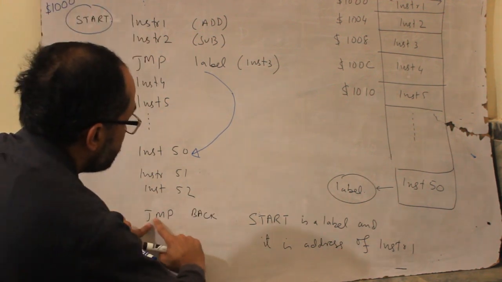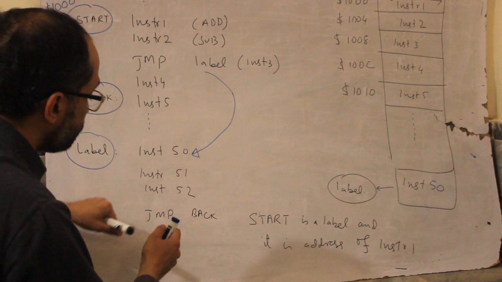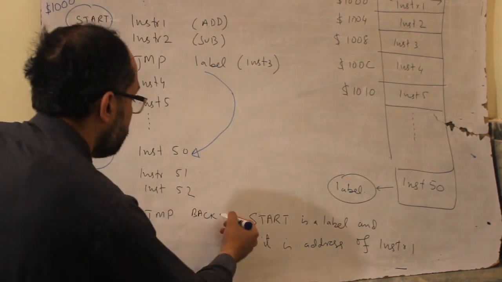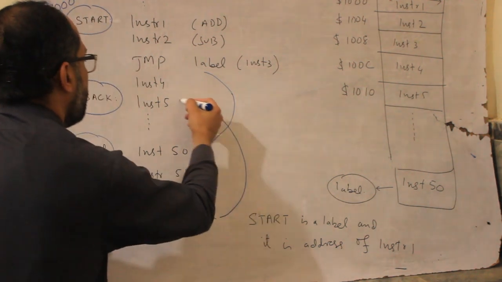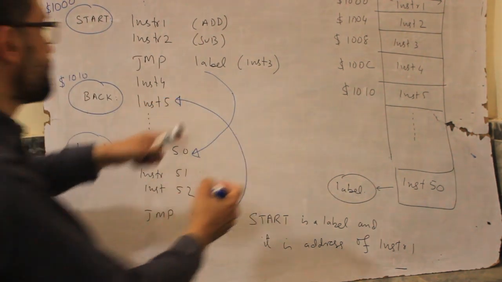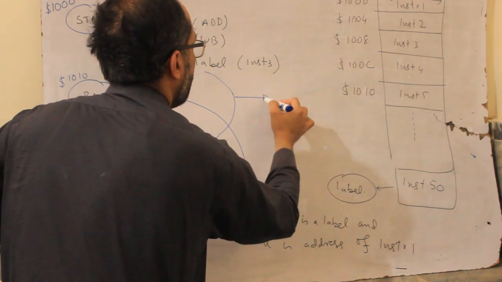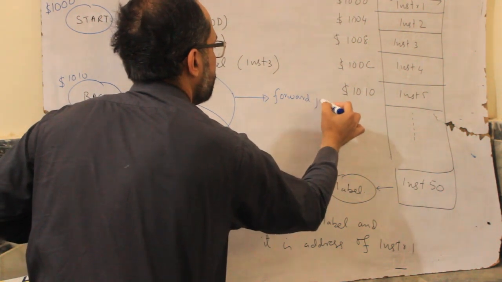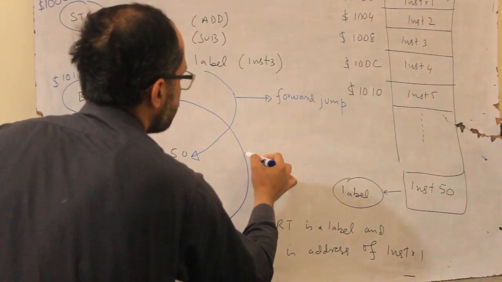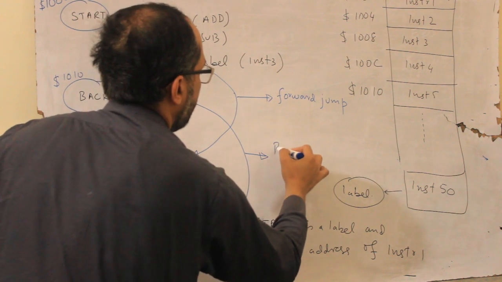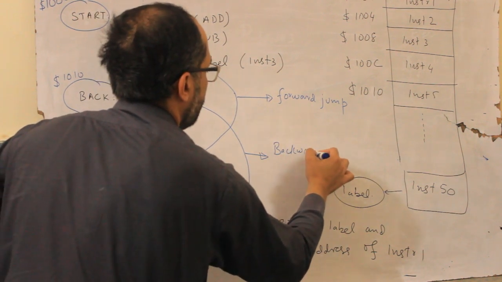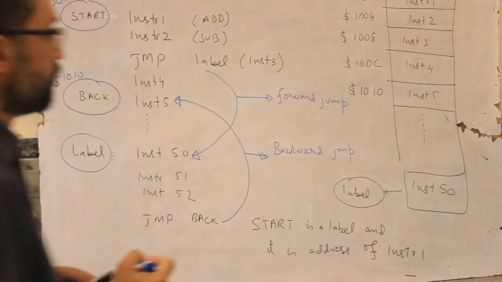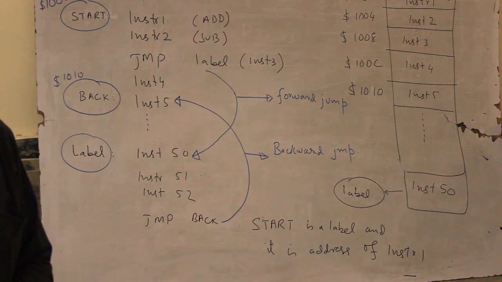Now we have a jump back. In this case, when this instruction executes, the control is transferred back to this instruction. So this is an example of a forward jump, and this is an example of a backward jump, and this jump is unconditional.